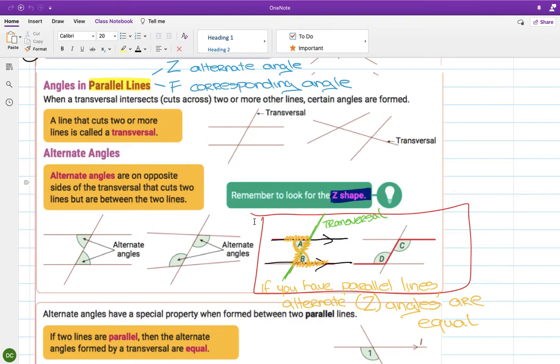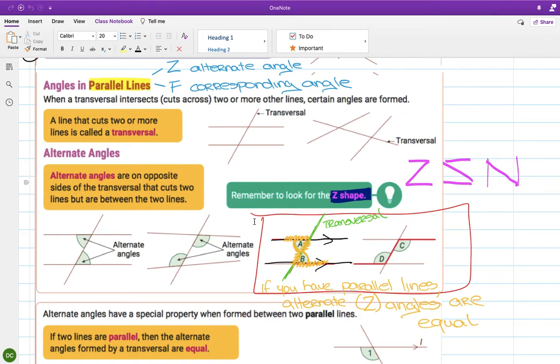So that shape could be exactly like the letter. It could be backwards. It could be sideways. Okay, so it's the Z shape you're looking for.